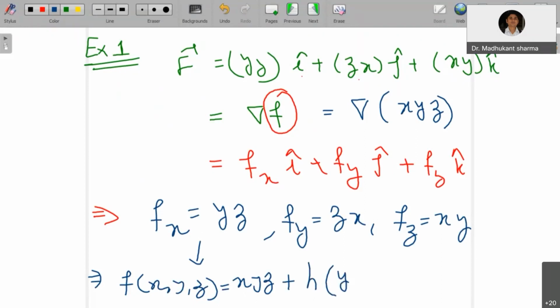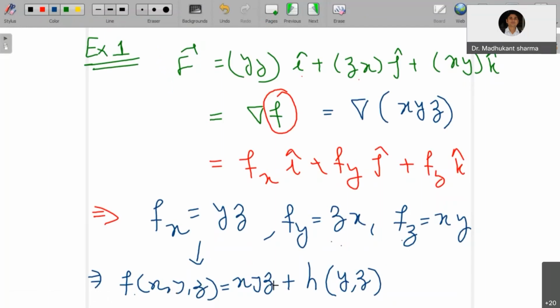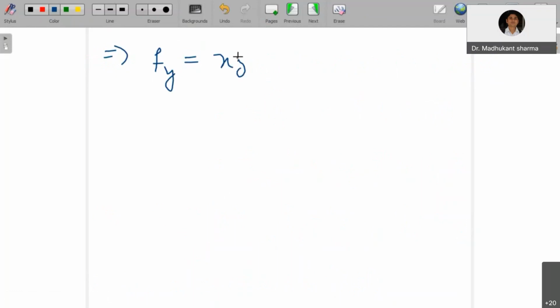It could be a function of y, it could be a function of z, or it could be a function of y and z both. Because if you take the partial derivative with respect to x, you are going to get yz. Now, use these two equations to find this h. So from here, what is fy? fy is going to be xz plus hy.